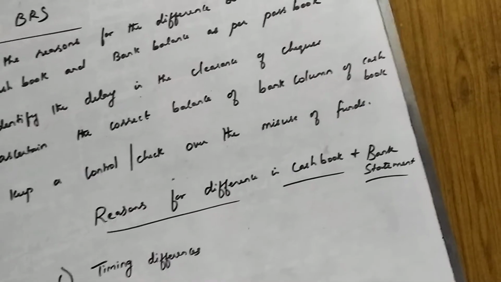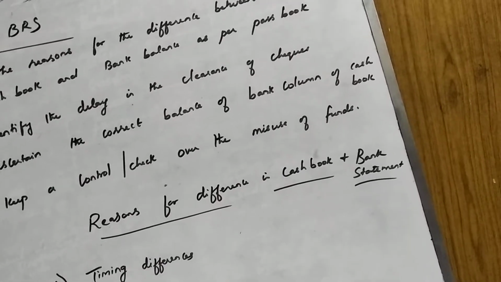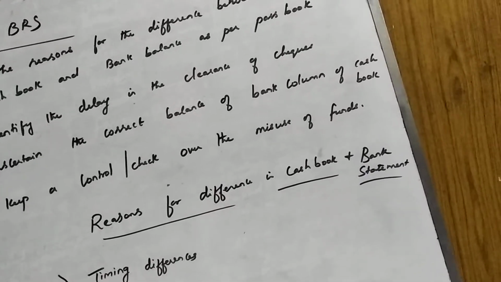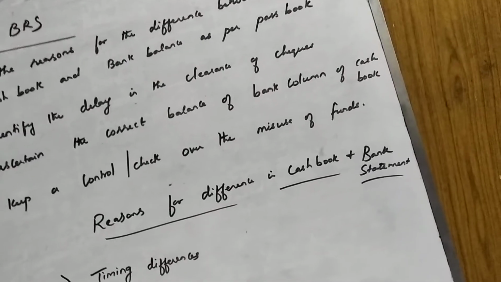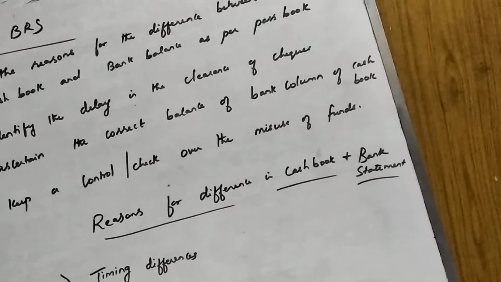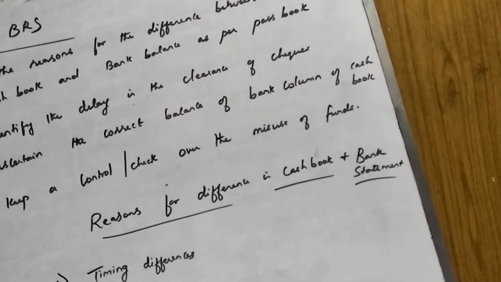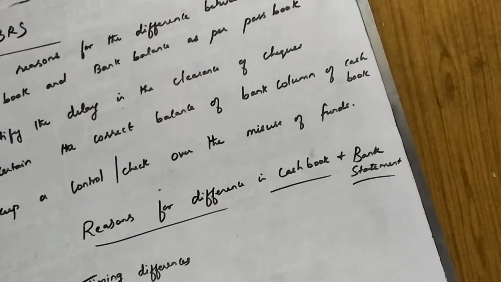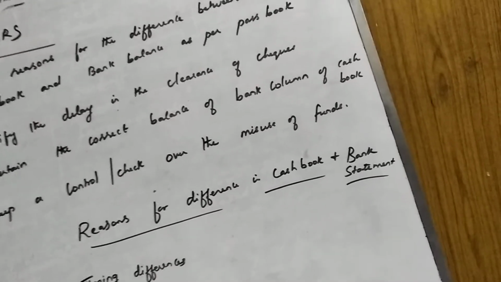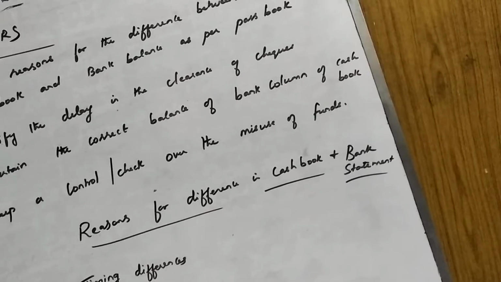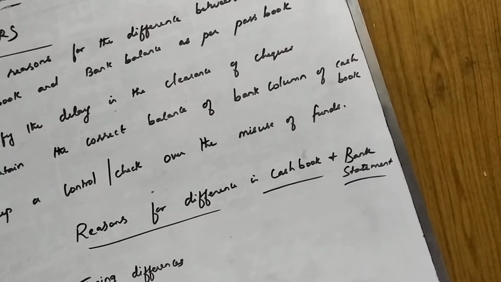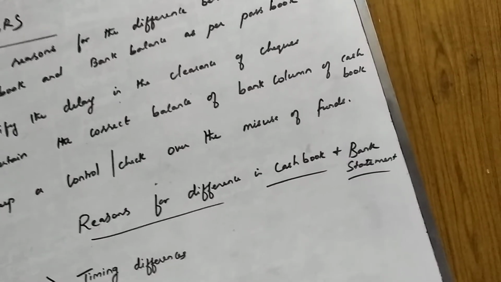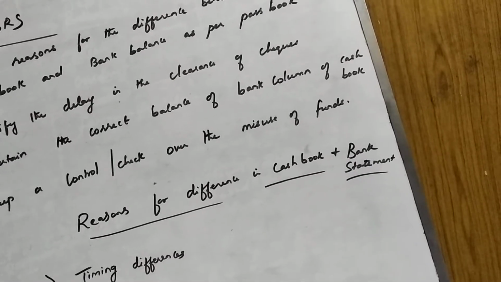Then bills collected by the bank on behalf of its customer. Any bills, any payment, any cash collected from your customers on your behalf by the bank will be automatically credited to your account. It will be added to your account, which you may not know till you make an entry in your passbook. So these are some of the timing differences.